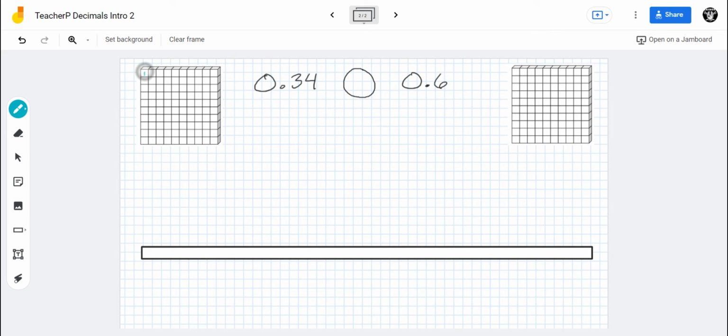So if I'm going to shade in a tenth, I'm going to shade in a column. There's one of them, and I'm not shading super well here, but you understand what I mean. Here's 2, and here is my 3/10, right?